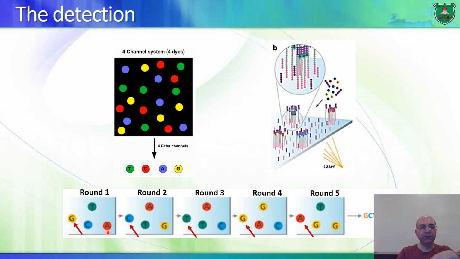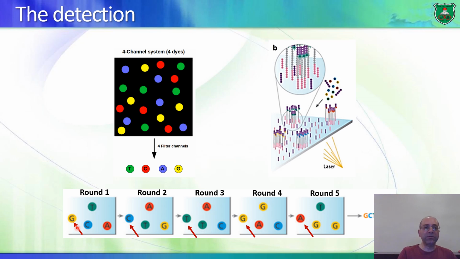Second round, these nucleotides are activated, they're modified, so we can add another nucleotide. So in this cluster you have a C added, in this cluster you have an A, in this cluster you have a T, in this cluster you have a G, and the camera reads these clusters one by one, or actually it does all at once. The third round, you have different colors generated from each cluster, and the camera reads them.